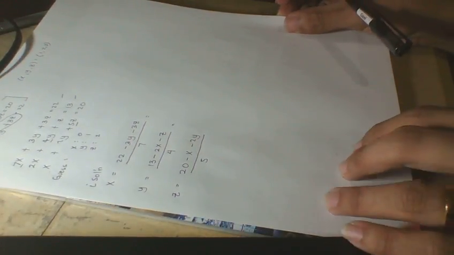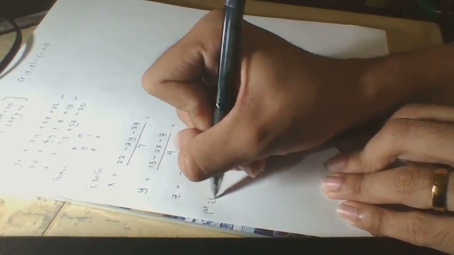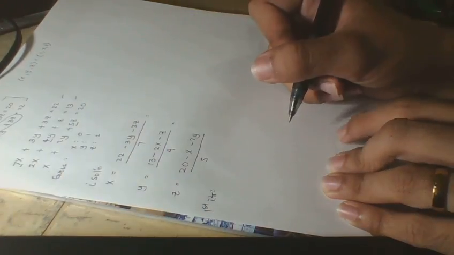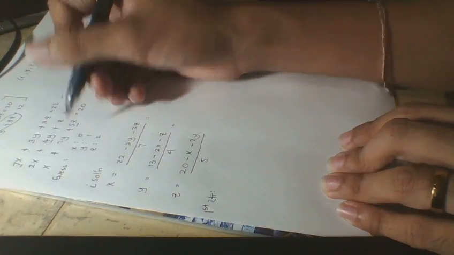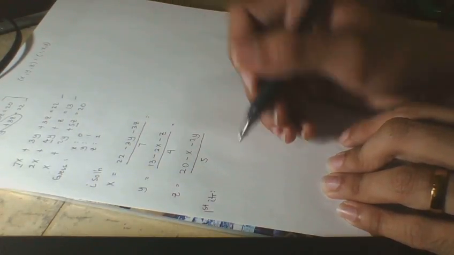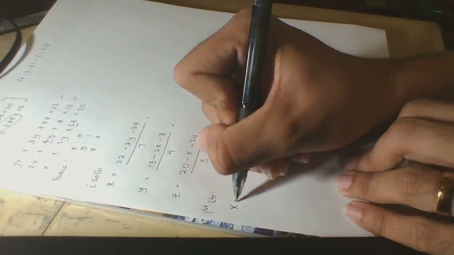Now, let's proceed to our first iteration. Using the initial guesses of x, y, and z, which are 0, 1, and 2, we're going to solve for the value of x.